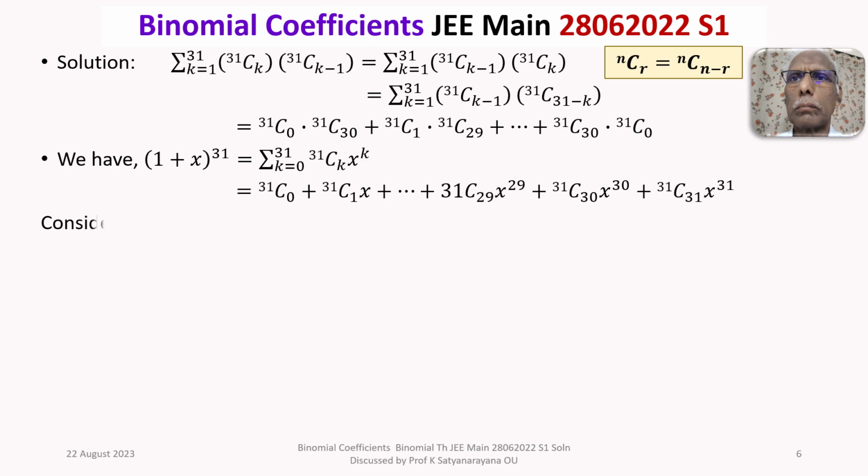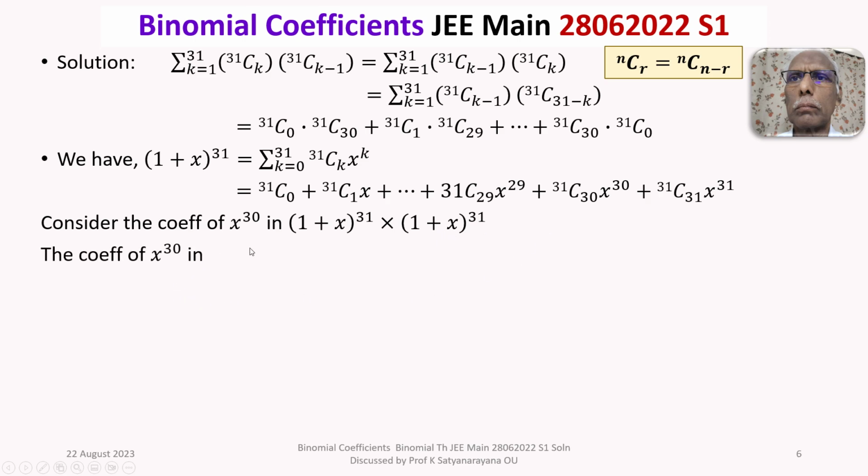So we consider the coefficient of x to the power of 30 in (1+x) to the power of 31 multiplied by (1+x) to the power of 31. Take the first one, write its expansion, multiplied by the expansion of the second one.